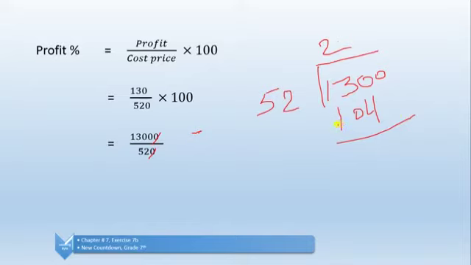We will subtract 104 out of 130. So we will carry 1 over here. 10 minus 4 equals 6, and 2 minus 0 equals 2.